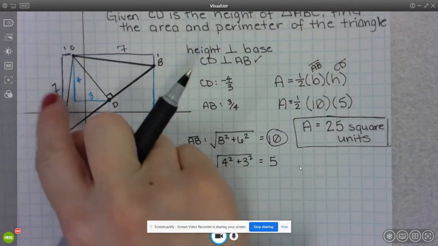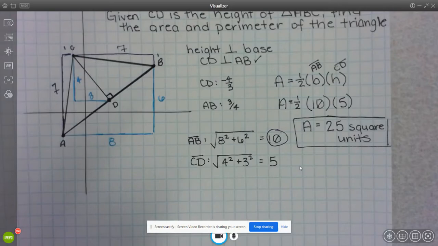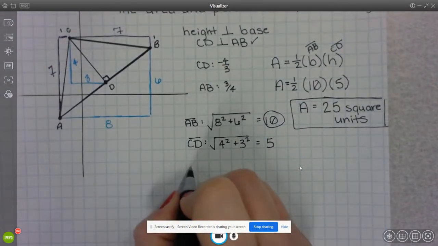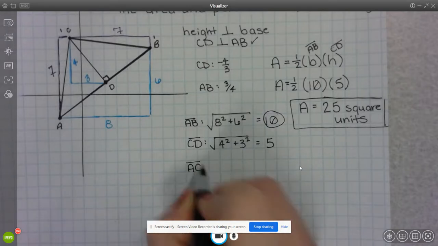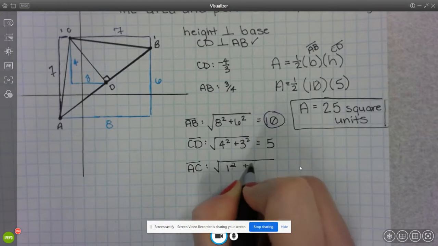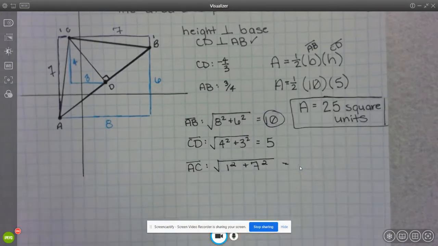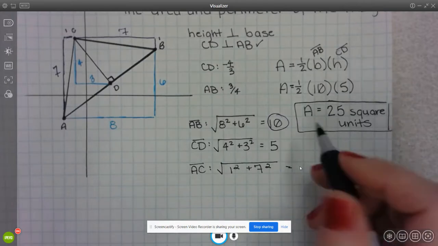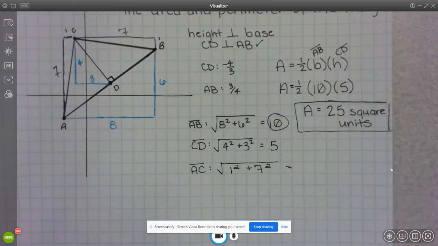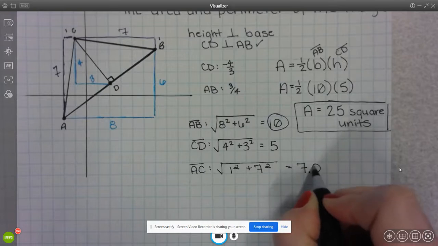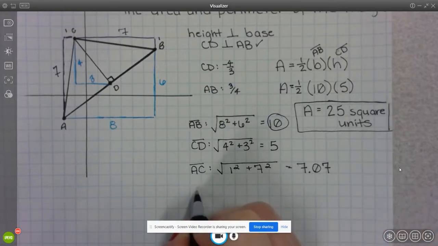And I know that because these two triangles we've created to find the distance are congruent triangles. So let's see, AC is the square root of 1 squared plus 7 squared, which again, I'm going to do in my calculator because it is the square root of 50, which I don't know off the top of my head. So I'm going to round to 2 decimal places. So this is 7.07.